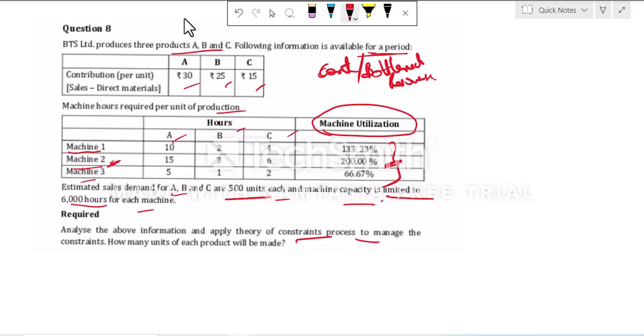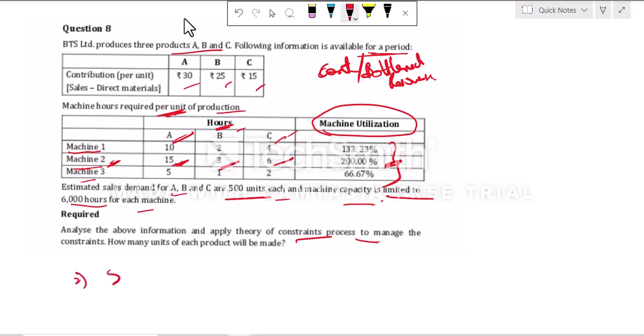See, here they have given per unit hours. A requires 15 hours to produce 1 unit. Likewise B will use 3 hours to produce 1 unit, and C requires 6 hours to produce 1 unit.